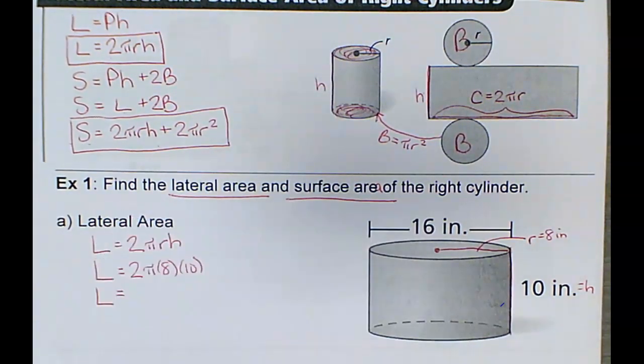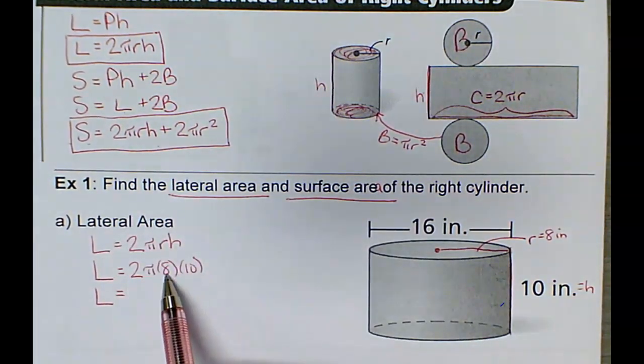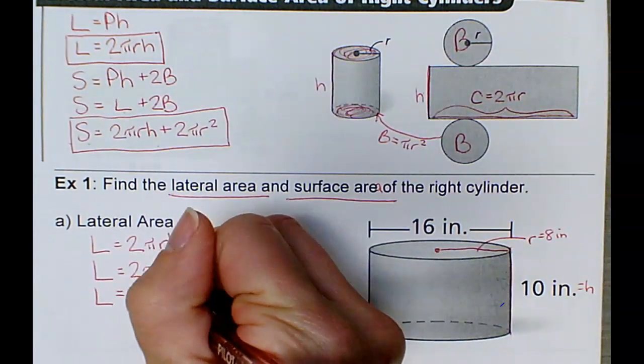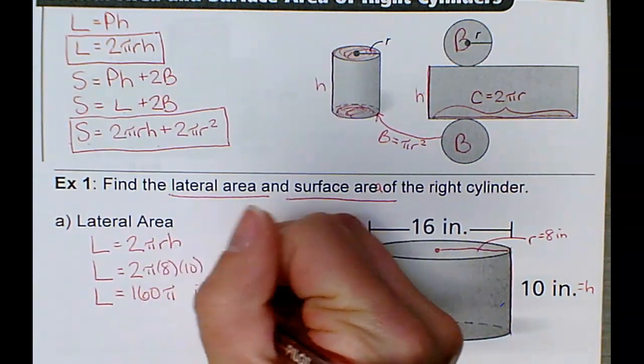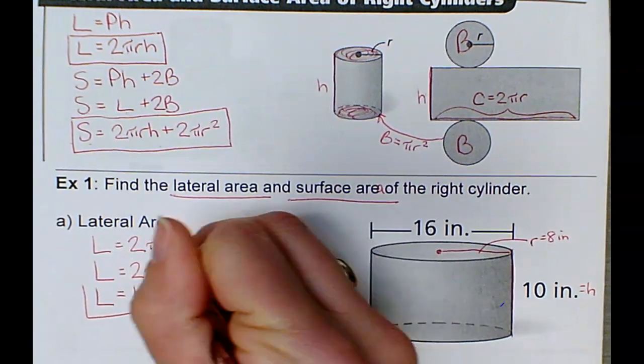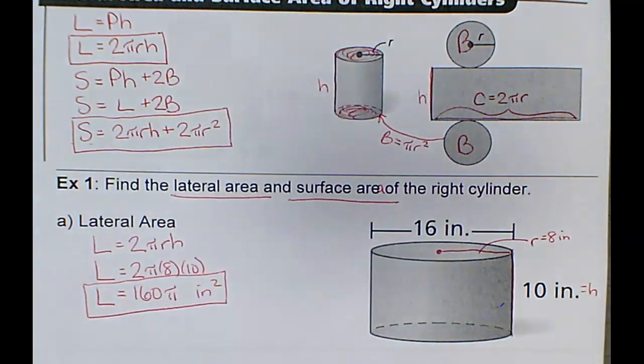So the lateral area is 2 times 8, which is 16, times 10, which is 160, times pi, and we're going to leave it as 160 pi, measured in inches squared, because it is an area. So there's the lateral area of the cylinder.